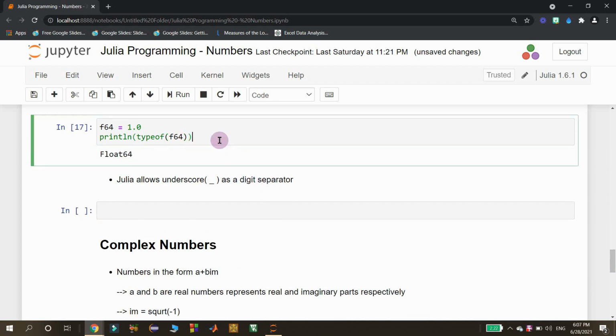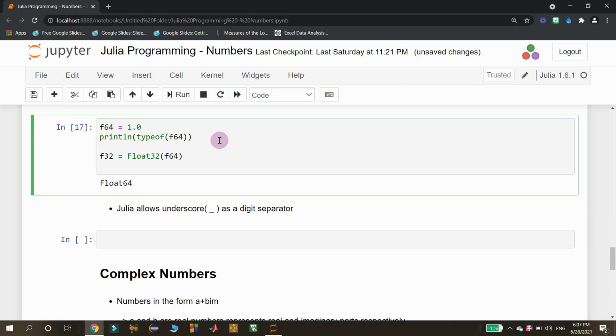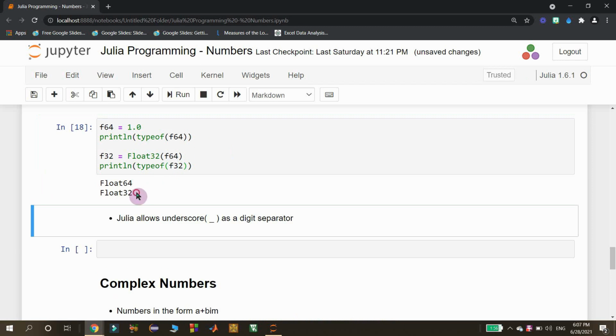Then I am converting the 64-bit floating value into a 32-bit floating point value. I take a variable f32 and use the function float 32 with f64 as the input argument, then display the type of f32. We got float 32. The use of this conversion is to save space.